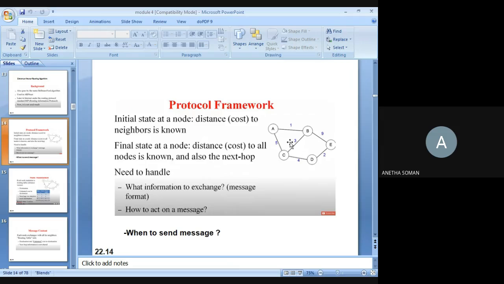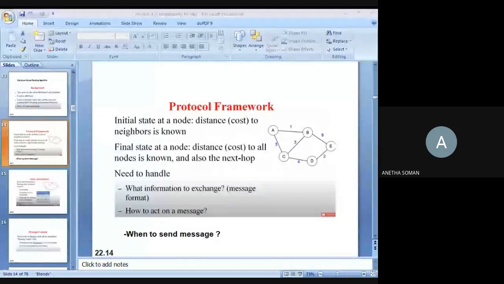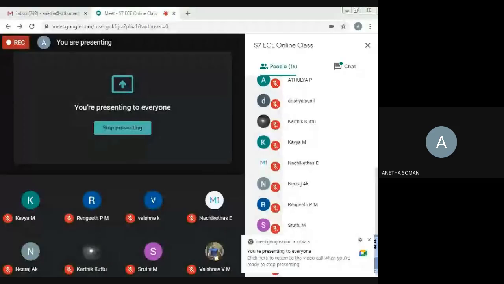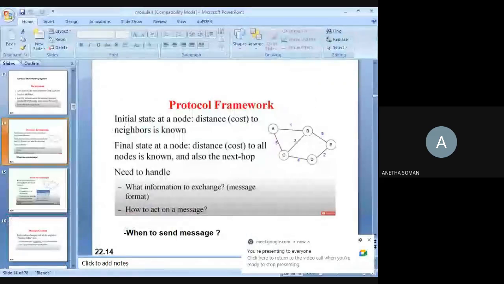Now, all of you listen. You have a diagram on the right-hand side of the slide. There you can see different nodes like A, B, C, D, and E. Now, how the algorithm works is you have to find out the initial state of each node. Initial state at the node means you have to find out the distance or cost to neighbors.